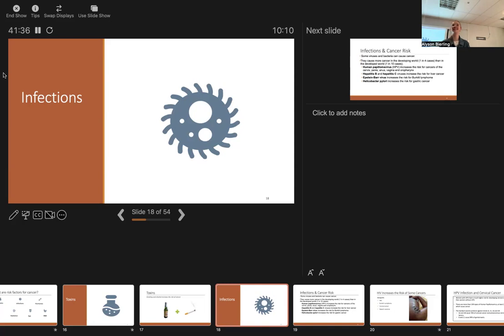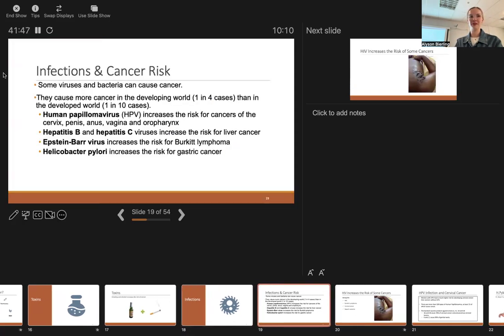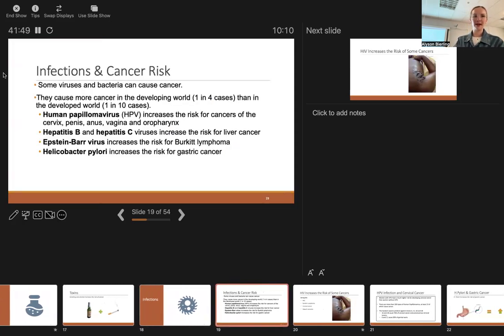HPV, good. Any others? Good. Those are the top two, but there are a few more. So there are various viruses and bacteria that can cause cancer.